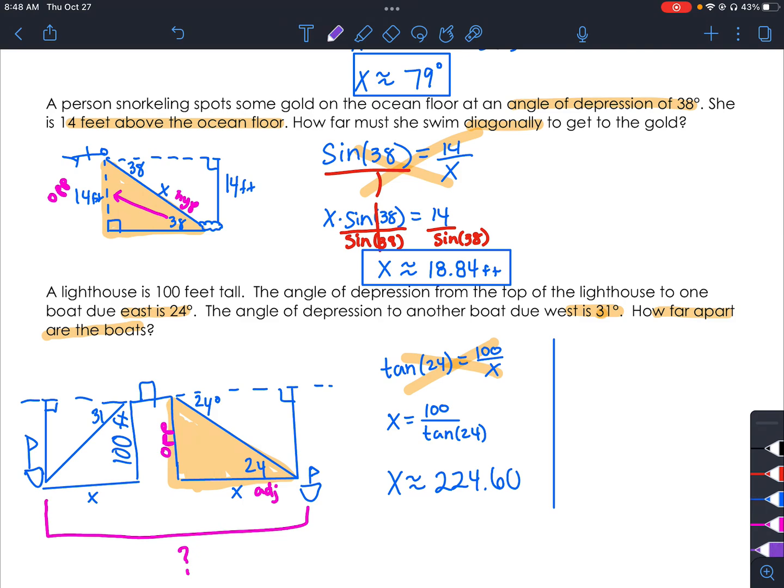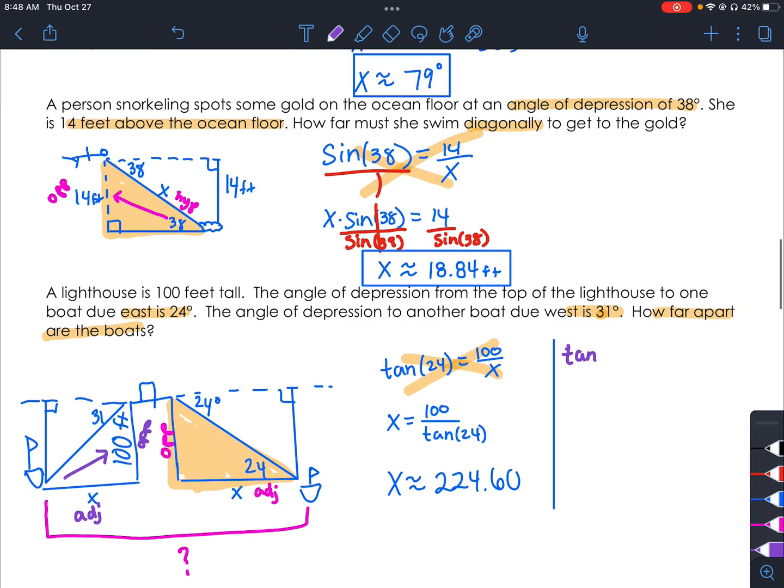And now the other boat. This is opposite, and this is adjacent, so it's another tangent question. So tangent of 31 degrees, if that's 31 degrees, then this is 31 degrees. Opposite over adjacent. Cross multiply.